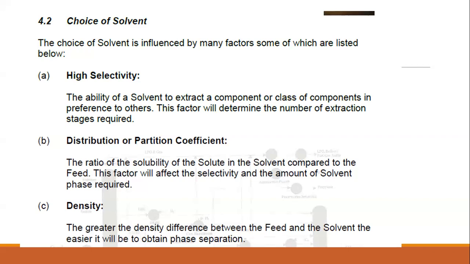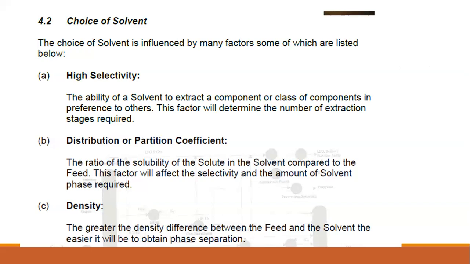because if you don't have a good partition in your solvent, then you will not use that solvent. If it is not good enough to absorb or dissolve the solute from the feed, then there is no point in selecting that solvent. And also the amount, because the component will only dissolve in the solvent until it reaches the equilibrium state.